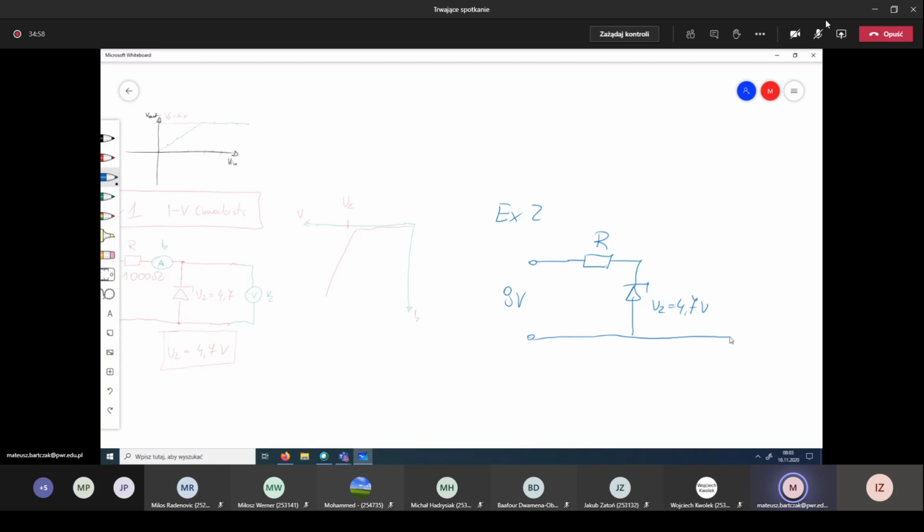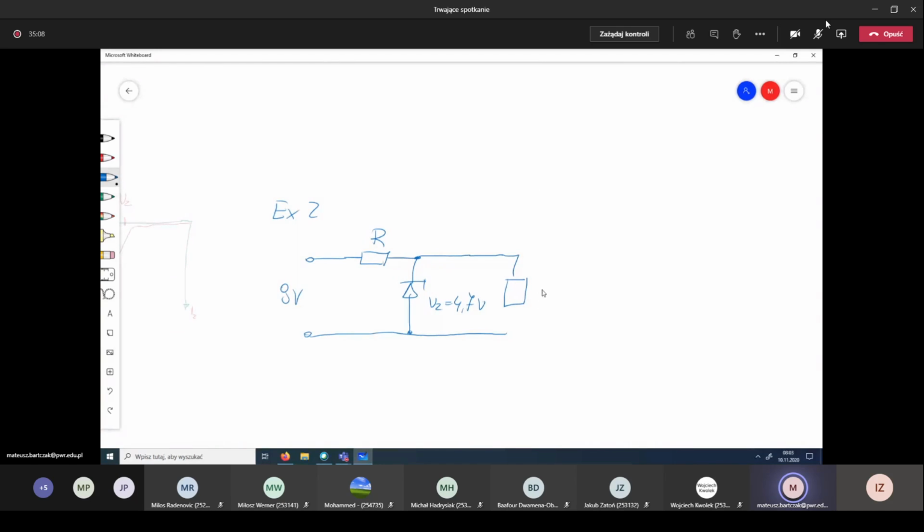So we will use this same Zener diode in exercise number 2. But then we will connect the 5 kilo ohm resistor. And your task in exercise number 2 will be to find the R value, let's call it RZ.